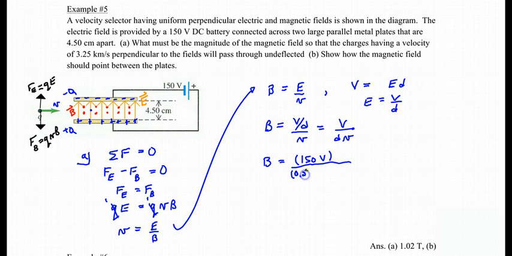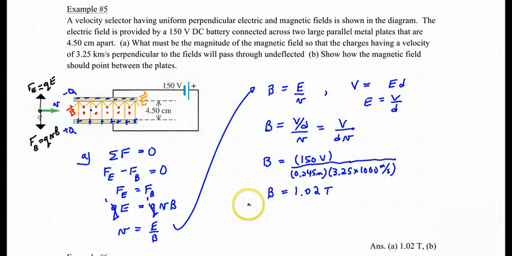So that's 0.045 meters. And then we have the velocity of this particle, which is 3.25 kilometers per second. So that's 3.25 times 1,000 because we need to change kilometers to meters per second. And this gives you an answer of 1.02 Teslas.